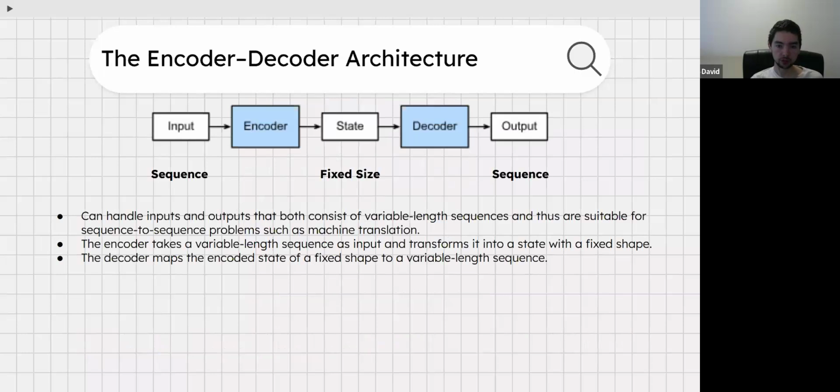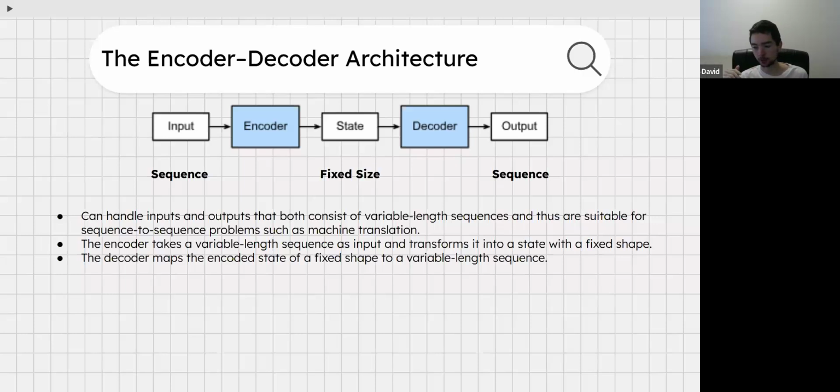Okay, so now we get to the encoder-decoder architecture. For translation, let's say we want to translate between English and Spanish, sometimes the number of words in an English sentence may be different from the number of words in a Spanish sentence.